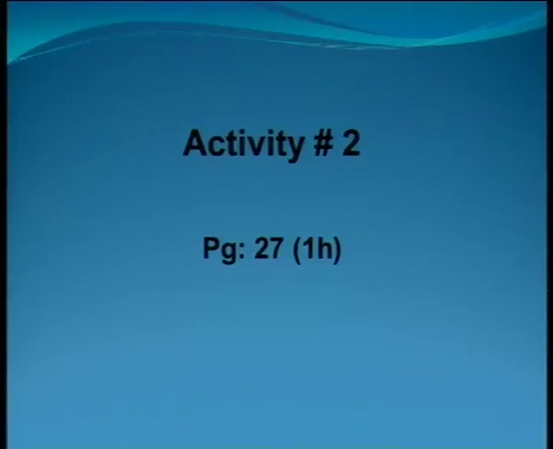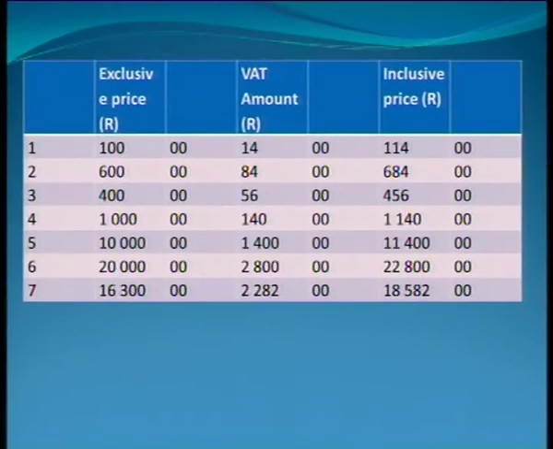Activity number 2 is on page 27. We'll move on to page 27, and it's 1H. There we'll calculate our VAT. The VAT per South African Revenue Service is 14%. Your VAT rate.